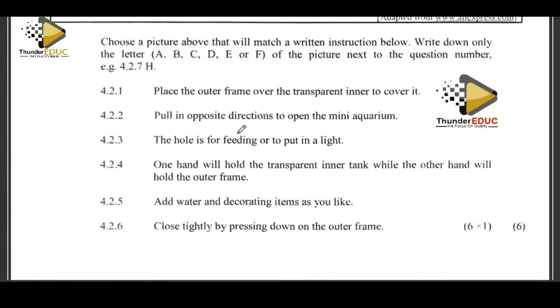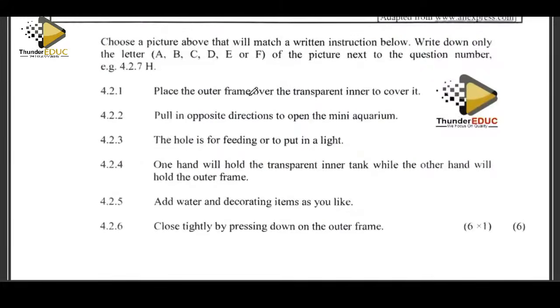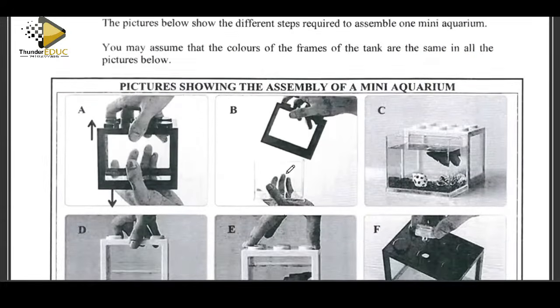We're going to match. Place the outer frame over the transparent inner cover. Which instruction is that?